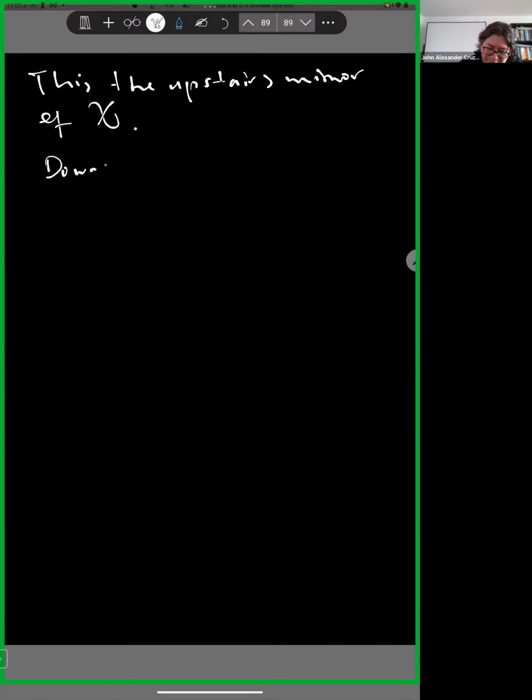So let's see what happens with the twisted masses. So this is the upstairs mirror. Good. Now let's discuss the downstairs mirror.